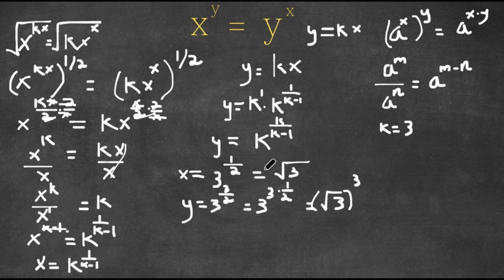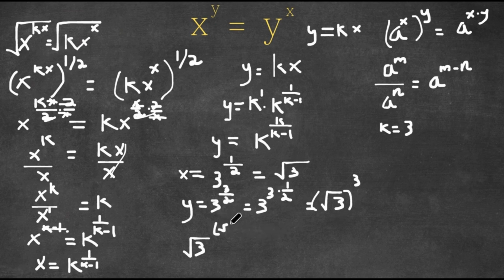And now all we need to do is check if they're correct by plugging them into our equation here. So we have x to the power of y equals y to the power of x. So x, as we already know, is the square root of 3. So x to the power of y, well, y is the square root of 3 to the power of 3.